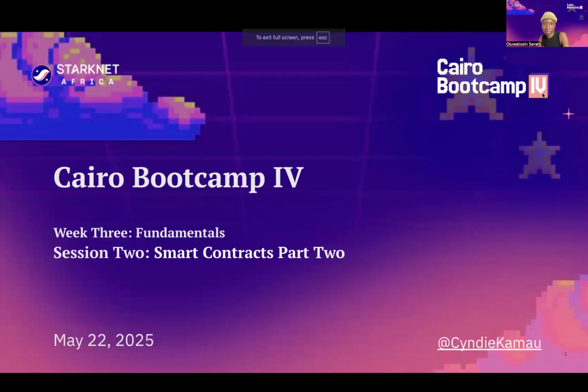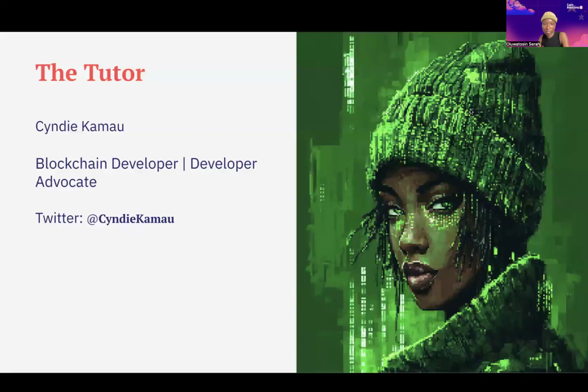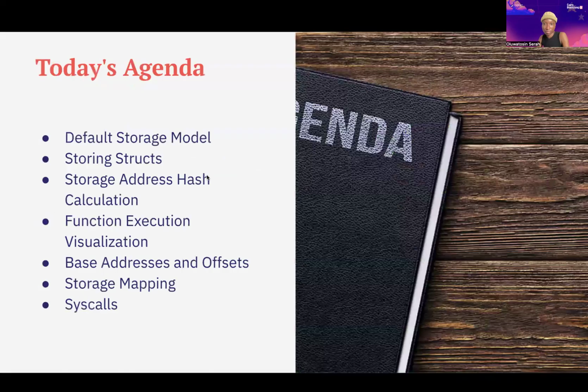Okay, so again, welcome to session 2 for this week. We'll be going through smart contracts again, like I said. As usual, Cyndie, blockchain dev advocate. For today's agenda, I noticed when we were talking last session on Tuesday, I didn't manage to quite give you the picture of what I wanted to talk through about storage.